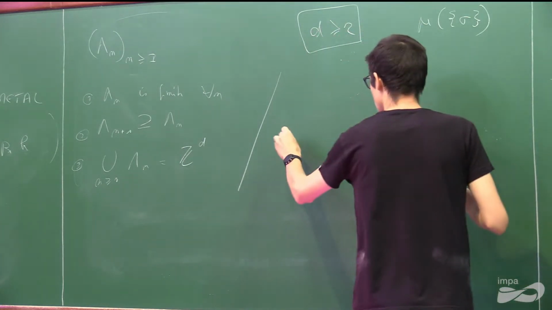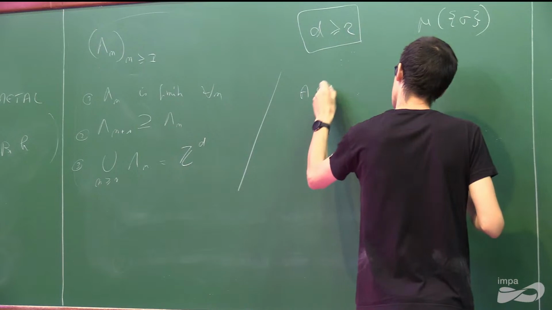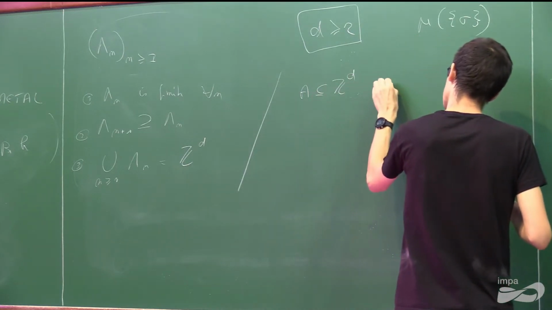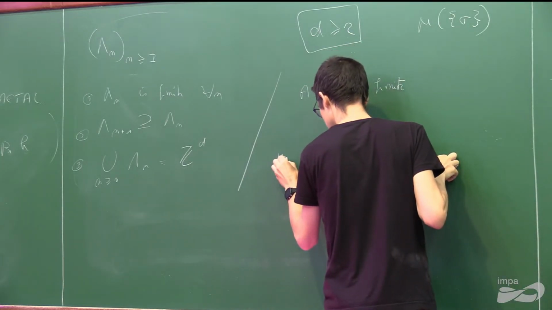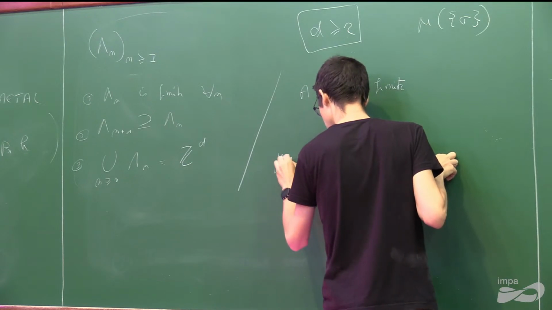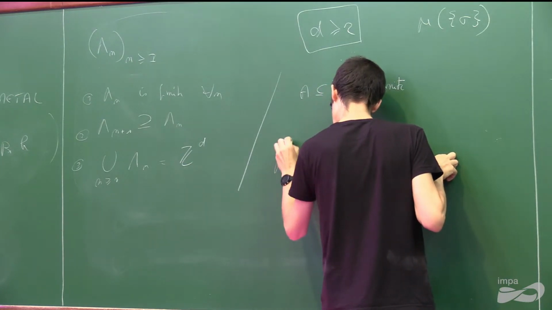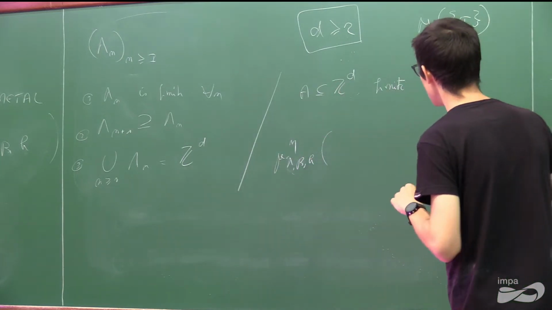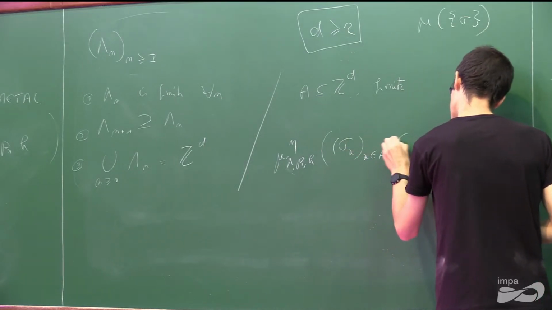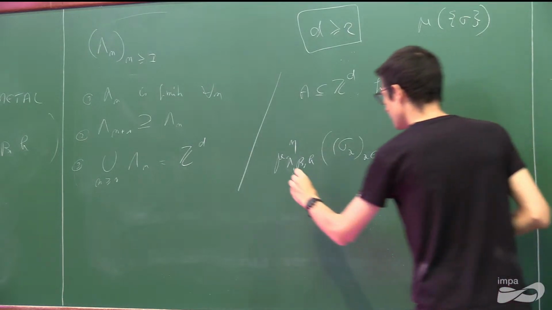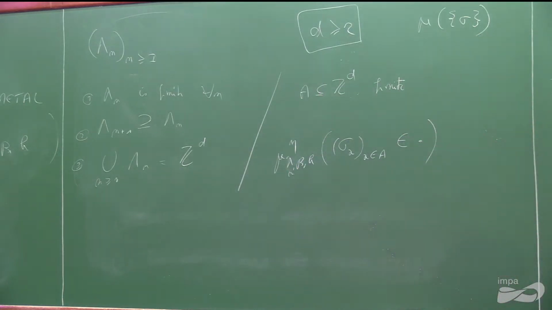So what I'm going to do is to fix A included in Z^d, which is finite, and look at the distribution of the spins that are in A. This is always well defined when n is large enough.